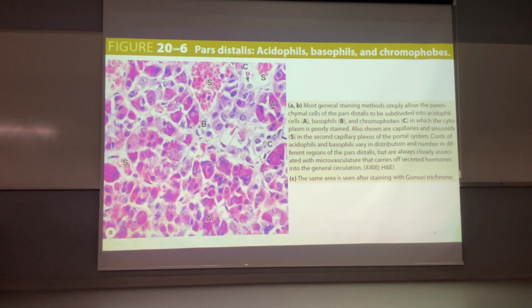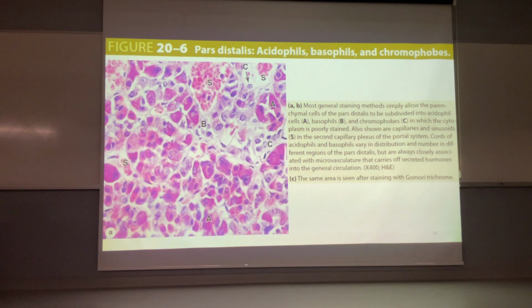Guys, the acidophilic cytoplasm and basophilic cytoplasm are related to the type of secretory granules on the inner side of the cytoplasm. For example, acidophilic cells can produce somatotropin, or growth hormone, and also prolactin.